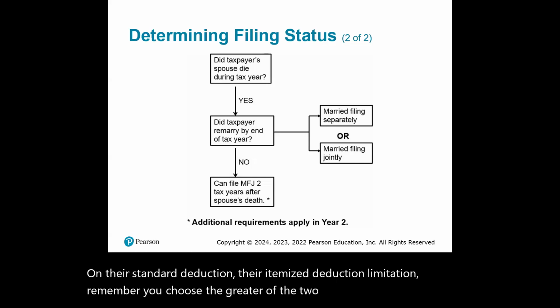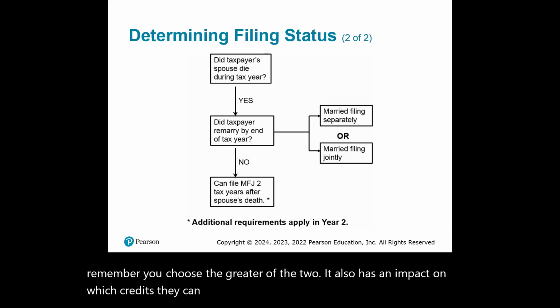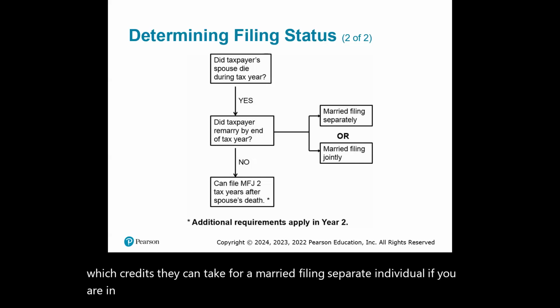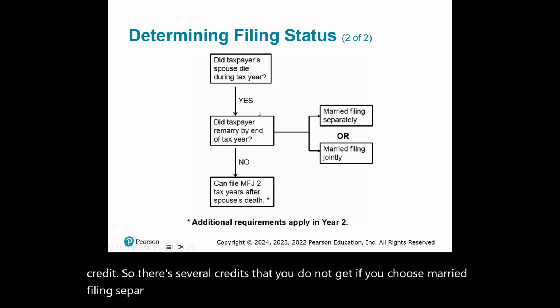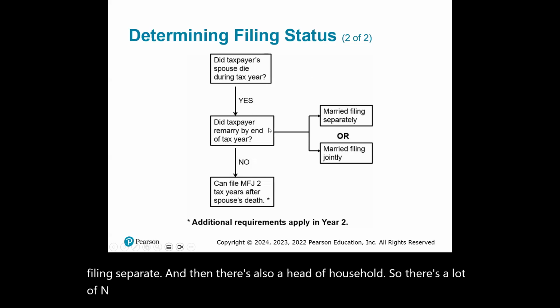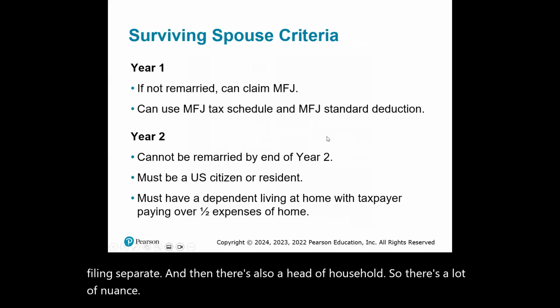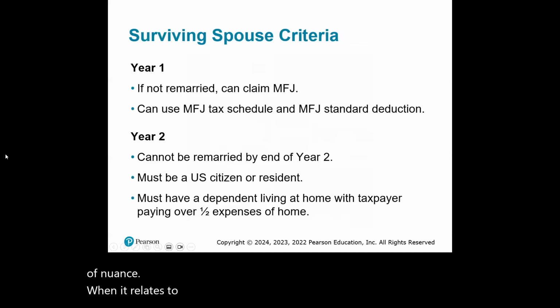It also has an impact on which credits they can take. For a married filing separate individual, if you are in school, you can't take that credit. You don't get earned income credit. So there's several credits that you do not get if you choose married filing separate. And then there's also head of household. So there's a lot of nuance when it relates to determining the filing status.